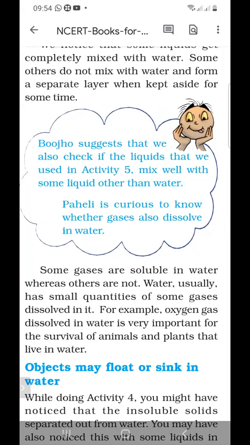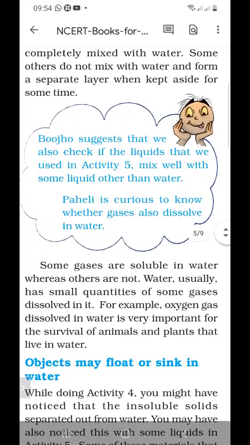Water usually has small quantities of some gases dissolved in it. As we know, the formula of water is H2O, and hydrogen and oxygen are present in the water.